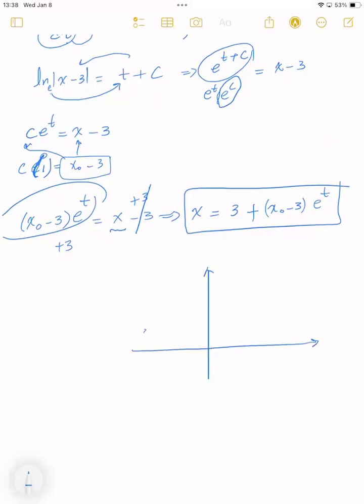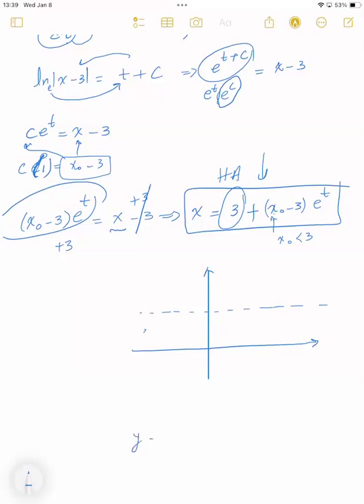And if I want to graph this, if I pick x sub 0 to be a number less than 3, I will get, so this is my positive 3 here, that is called the horizontal asymptote, because right now we have an exponential equation.